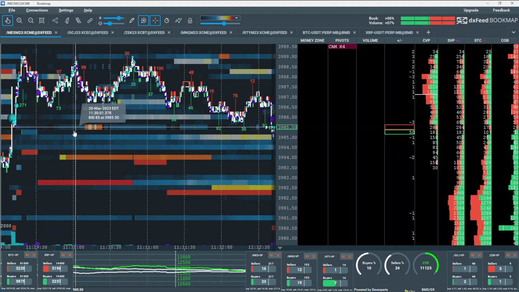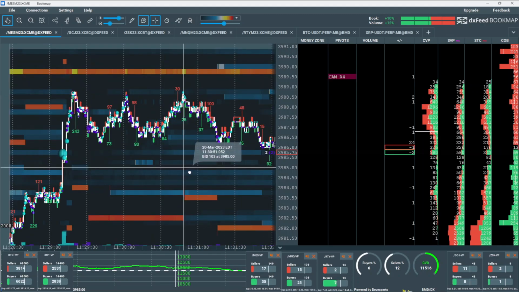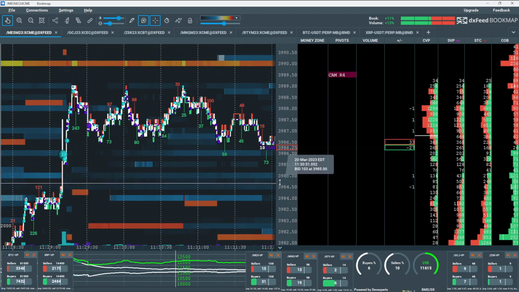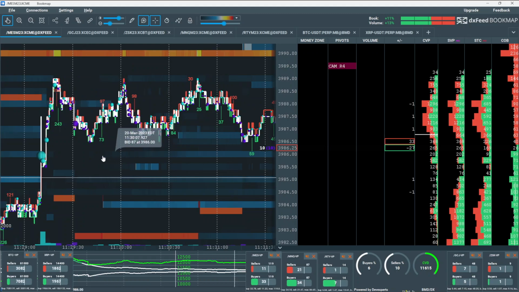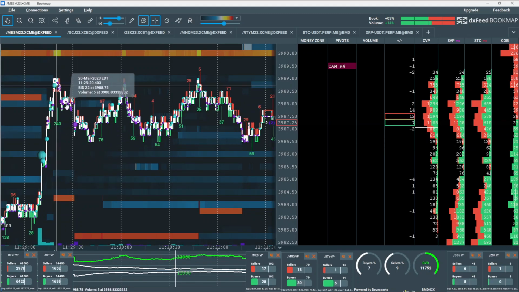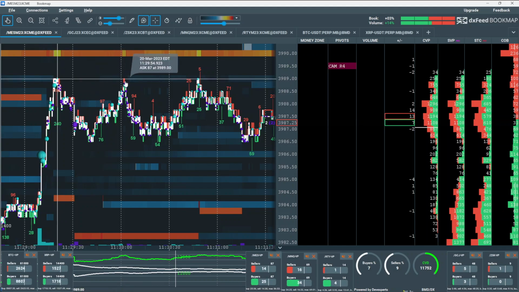Just looking at Bookmap structure around this Camarilla R4 level, you can see the buying has dried up a lot, right? There isn't much buying. That's the buying right there. We have an exhaustion at this level right here. Let me try and point that out.